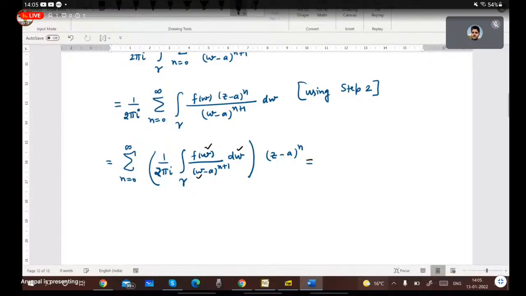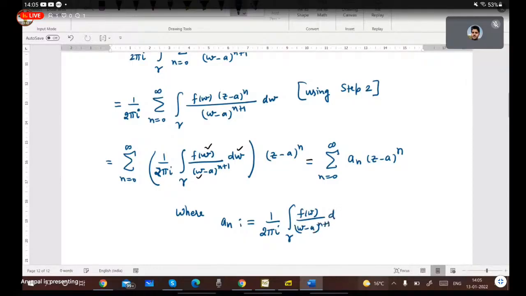And then, class, this is equal to summation n going from 0 to infinity a_n (z minus a) to the power n, where the a_n's are what I have denoted as a_n.